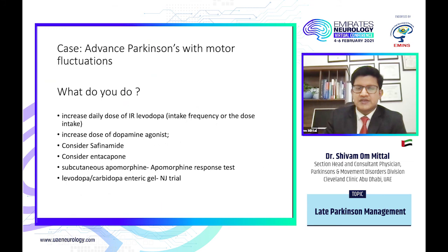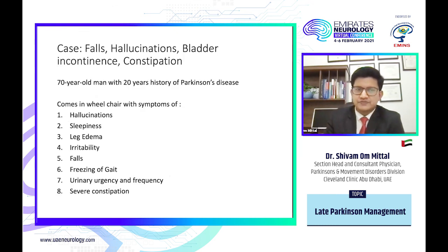There are many options for patients with motor fluctuations. We know he is elderly, we cannot do DBS. We know that he is having a lot of falls and balance issues. So the best option for him will be something like a Duopa pump or an apomorphine pump, depending on the response test, how much he improves with that. So this is something that we should always consider in advanced Parkinson's disease patients.